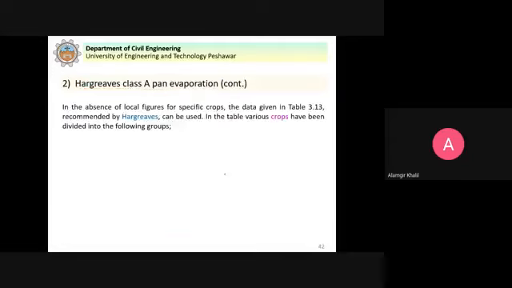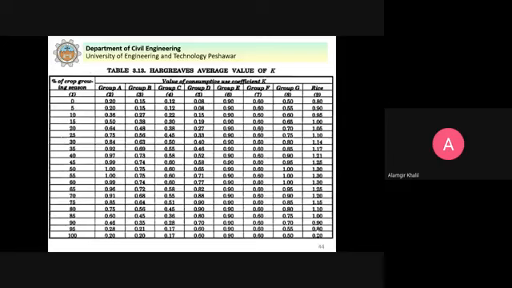So in the absence of local figures for specific crops, the data given in Table 3.13 can be used. In Table 3.13, we have, for different crops, the percent of the crop growing season from 0 to 100%.